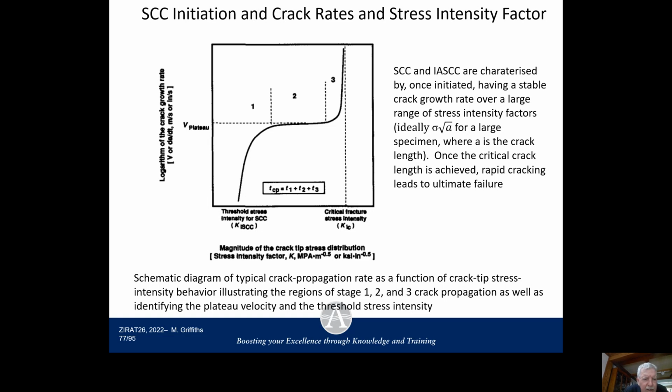And this is a schematic figure which typically shows the growth rates as a function of the stress intensity factors.